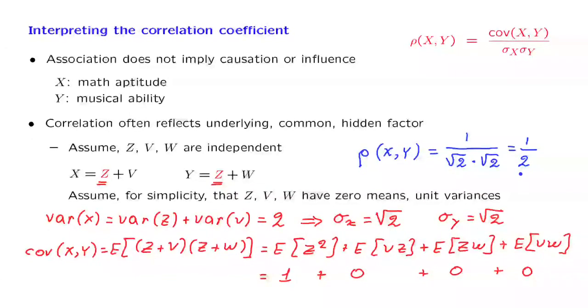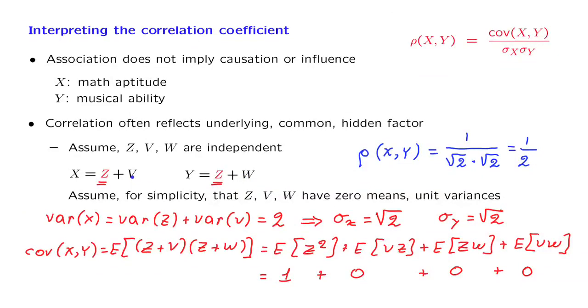This example also serves to give you a rough idea of what it may mean to have a correlation coefficient of 1/2. It means that the two random variables have some common elements and they also have some idiosyncratic elements, and these two elements are roughly equal in weight. If v and w were completely absent, the correlation coefficient would have been 1.